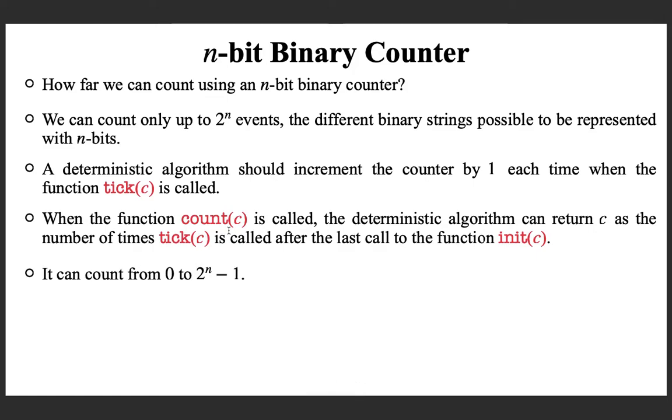Naturally, a deterministic algorithm can go from 0 to the maximum value, which is 2 to the power n minus 1. When n is 2, 2 to the power 2, which is 4, minus 1, which is 3, is represented as 1 1.